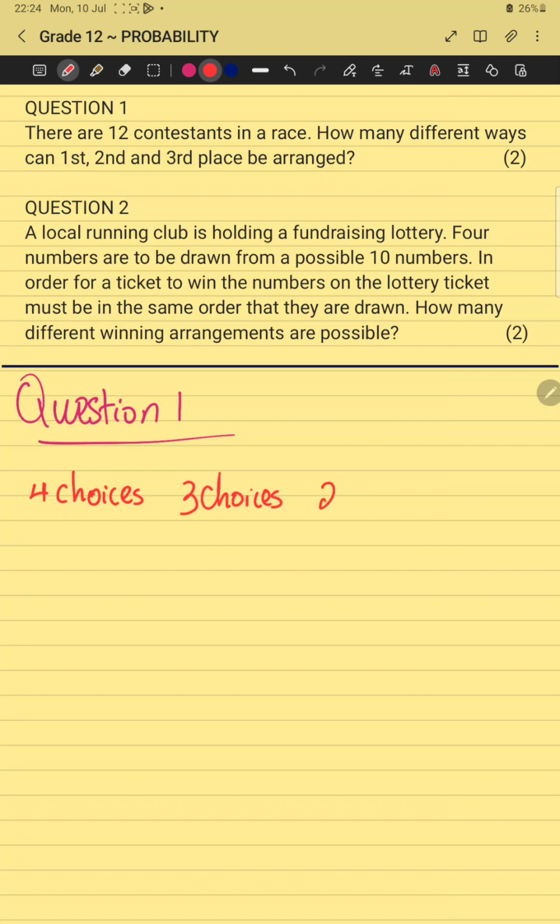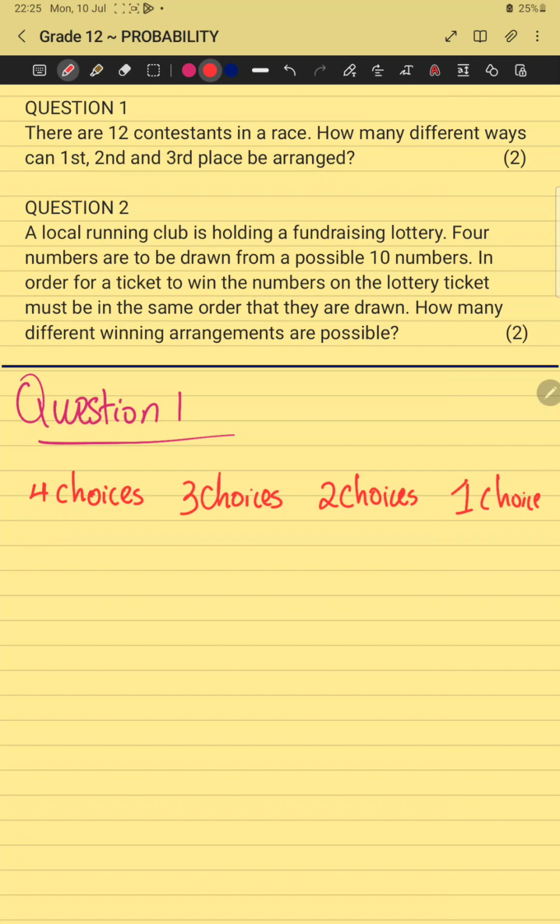We've got 2 choices, and we've got 1 choice here. Now I was saying that if we've got 4 choices, that means we've got 4 spaces available. So from these 4 choices, we're going to select 1 textbook and put it in the first space.